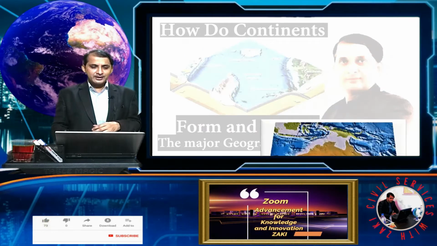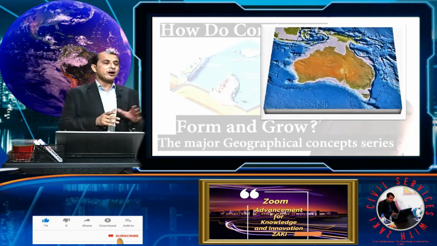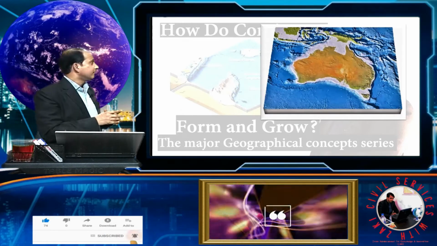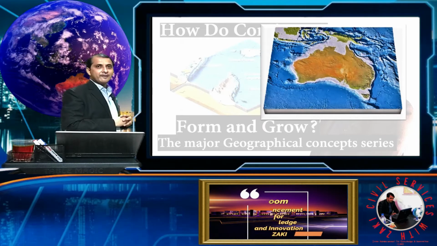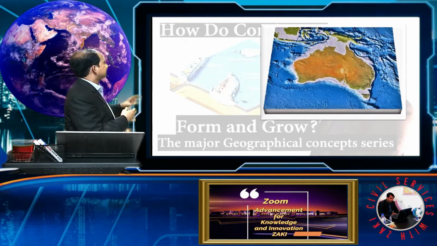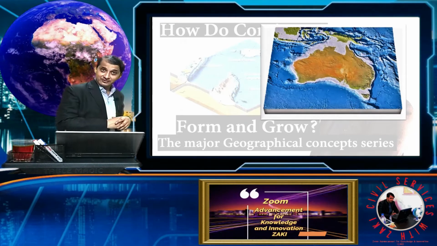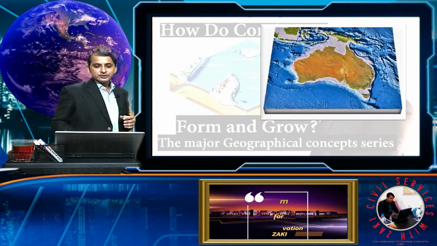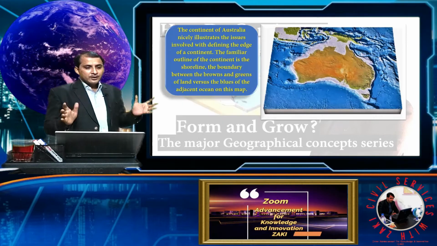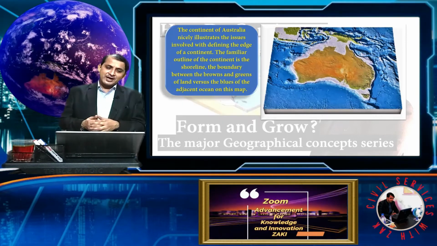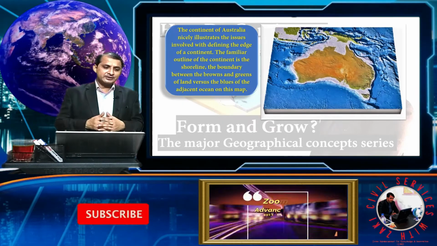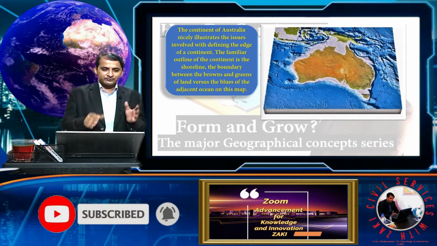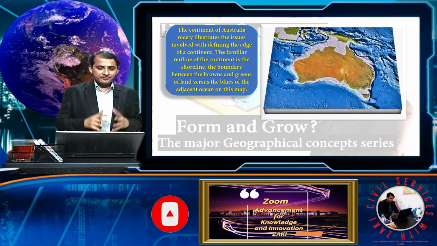Basically, it is geomorphology and oceanography. So we move forward and see here is Australia. Australia is the smallest continent, but it is very significant. You find some of the oldest landmasses in Australia. See here, the continent of Australia is nicely illustrated in this figure, which involves the definition of the edge.